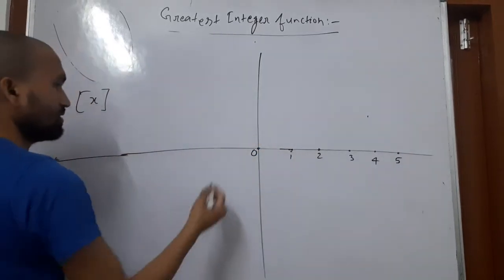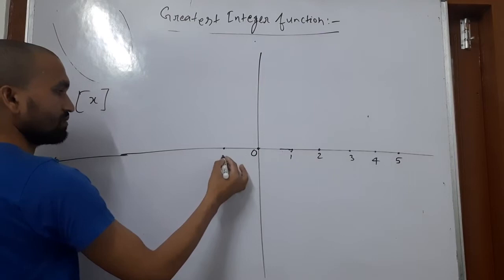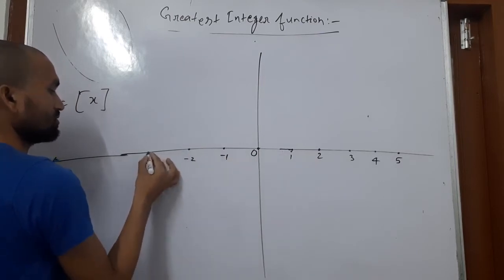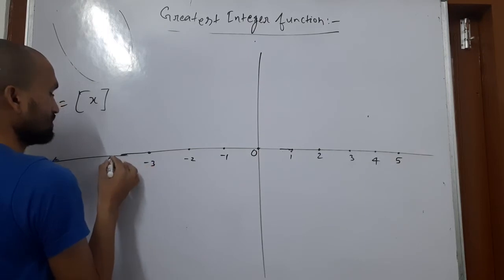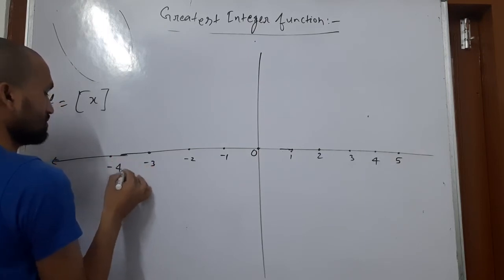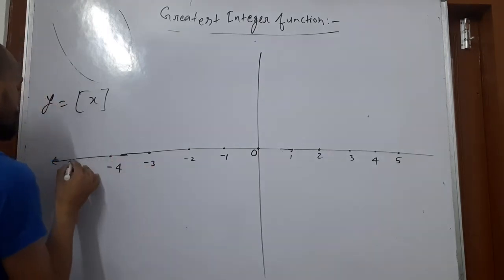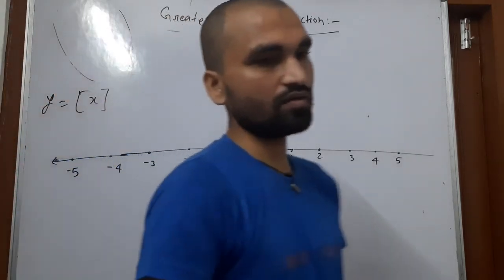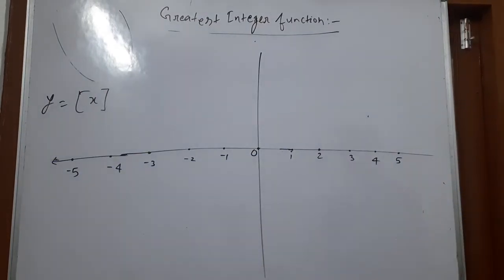Okay, now take negative values, that are -1, -2, -3, -4 and -5. These are negative values and those are positive values.